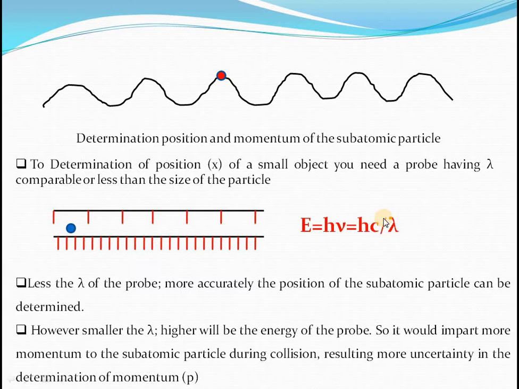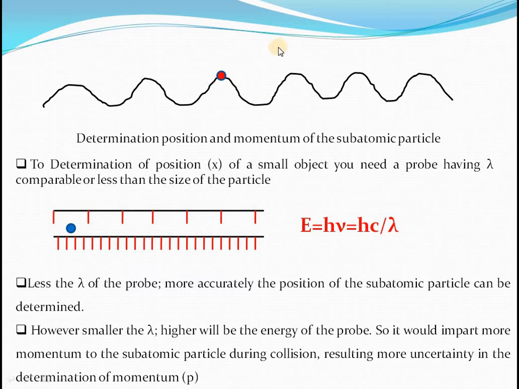So the smaller the wavelength of that electromagnetic radiation, the higher will be its energy. We know that light, or electromagnetic radiation, comes as packets of energy having E is equal to h nu.